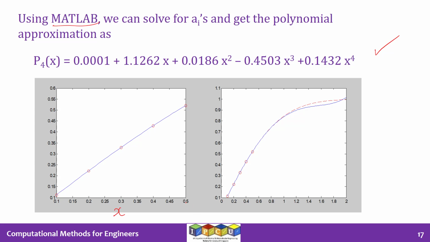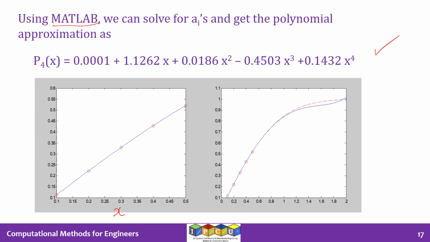And when you plot the experimental data as red circles and the polynomial fit values for those x values in the range 0.1 to 0.5, you see a very, very good fit. Particularly, the polynomial passes through the center of each of those data points. That means it's a perfect fit for the 5 data points because you have utilized all the 5 degrees of freedom. So no surprises there.